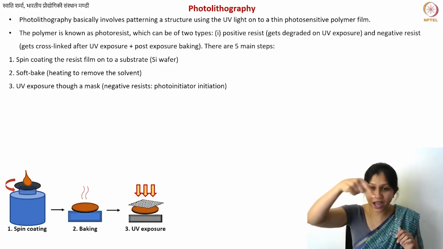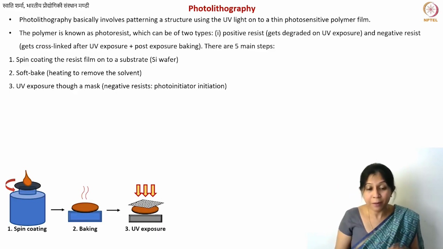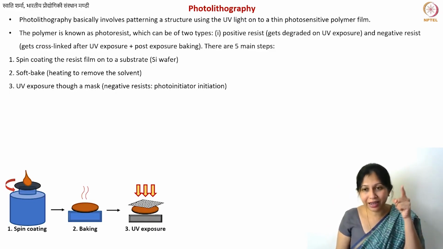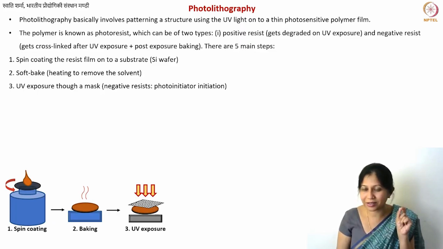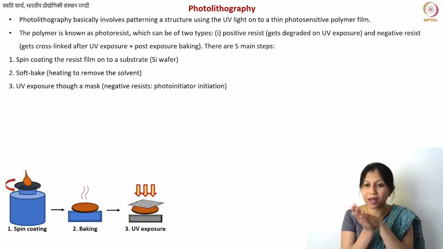Now, however, where you have the edges of these transparent and non-transparent parts, the light can get diffracted, and that diffraction will lead to rough edges in your structures, and that diffraction is what you want to minimize. That is why you want the mask attached as closely as possible.